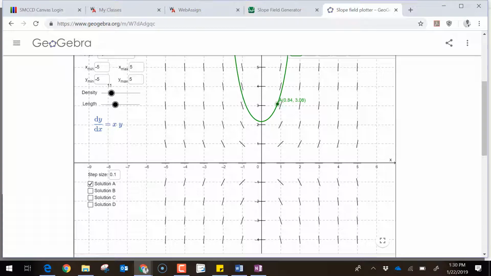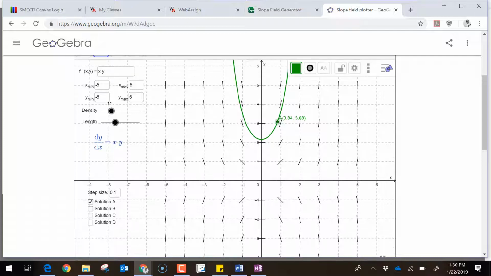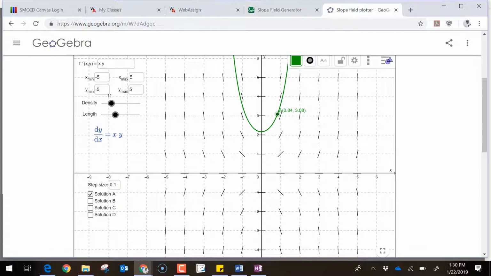Okay? So that's going to be an important part of doing these slope fields: to be able to find a solution curve, you can do the slope field, put the point down, and then follow that point wherever it might take you. So with a graphing program like this, you can actually draw it all out.